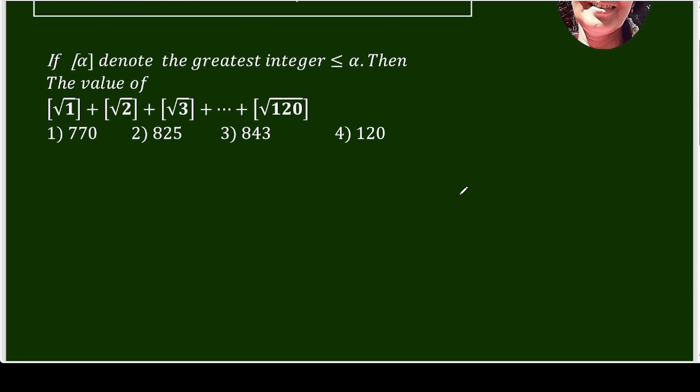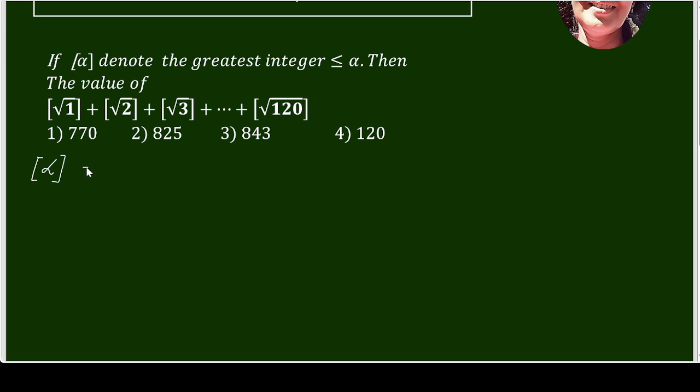So let us begin. The only thing is we have to understand the square root function. It is already given in the square box, which means this is the greatest integer function, or we say floor function.